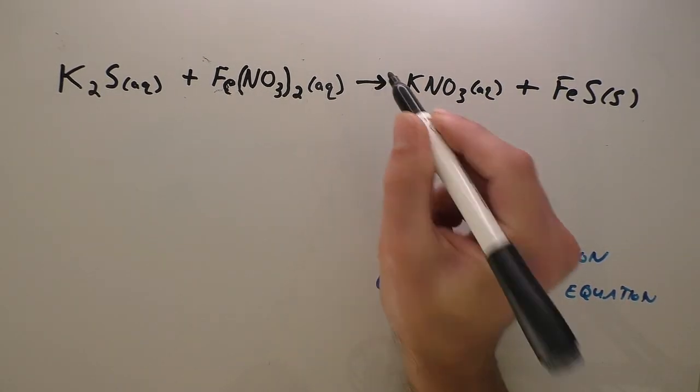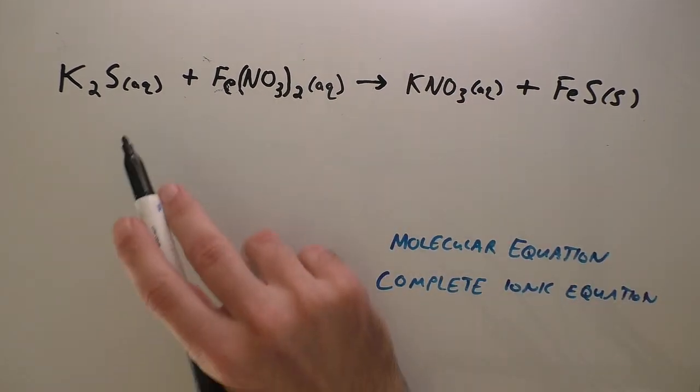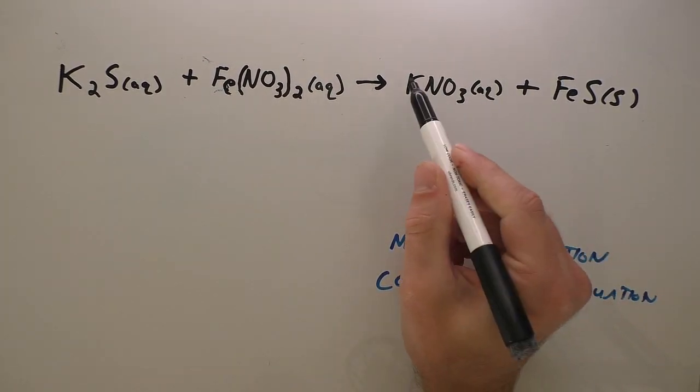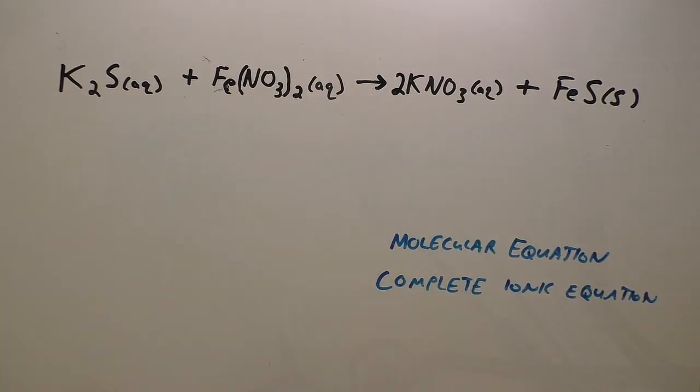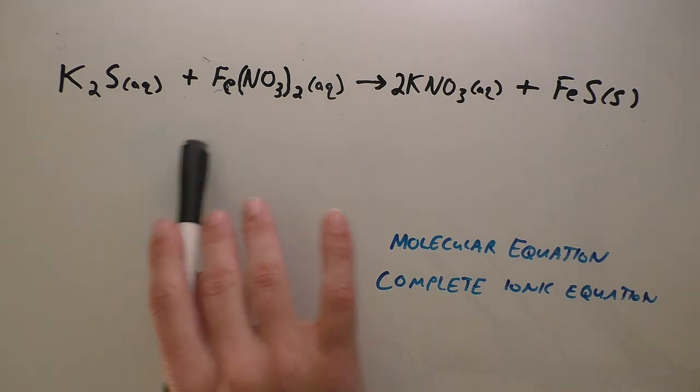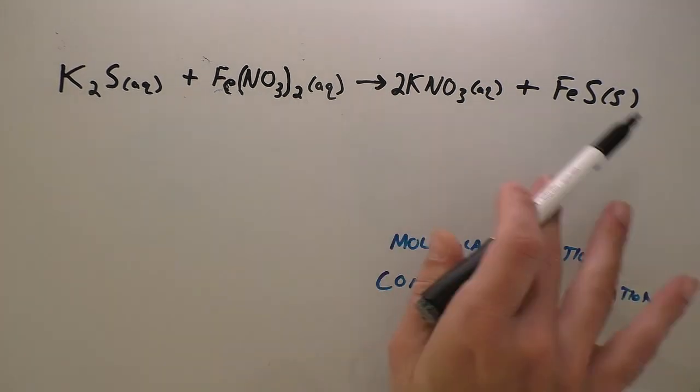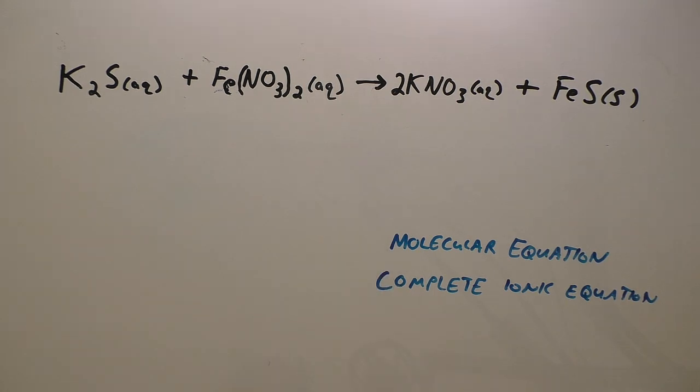So intuitively I can just look at this and understand that if I leave all of the coefficients as a 1 except for this one and I turn it into a 2, then it's going to balance the chemical equation. And you can go ahead and pause the video right now and confirm for yourself that we have the same number of atoms of every element on the left-hand side and the right-hand side of the equation. So this equation, now that it's balanced, is the true molecular equation.